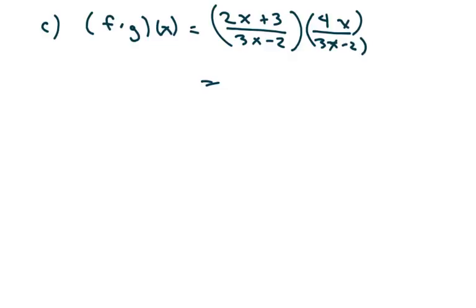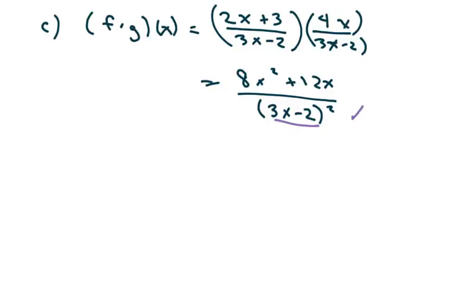Now, I'm going to just distribute the numerator here, and we get 8x squared plus 12x. For the denominator, I'm just going to not worry about it so much. I'm just going to put (3x minus 2) squared, because clearly you can see what the domain is better if you leave it in this format. We don't have to worry about the numerator. It's all real numbers. However, x cannot be 2/3.